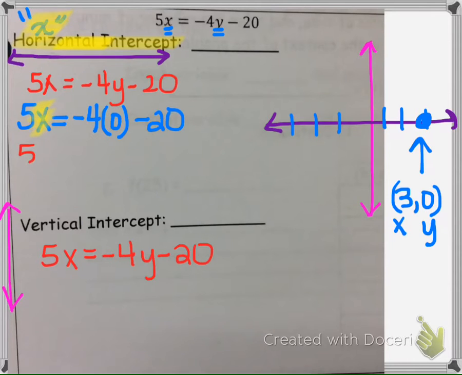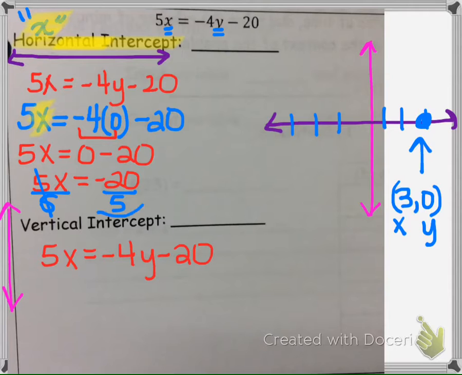So now I'm going to simplify. -4 times 0 is 0. 0 minus 20 is -20. And then we're going to divide by 5. And we get x equals -4. So that means it crosses right here.